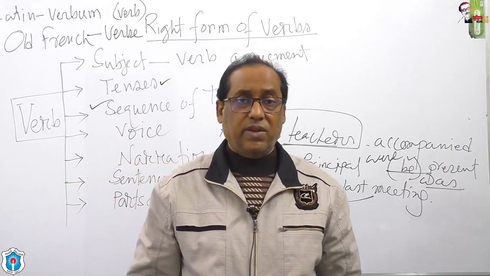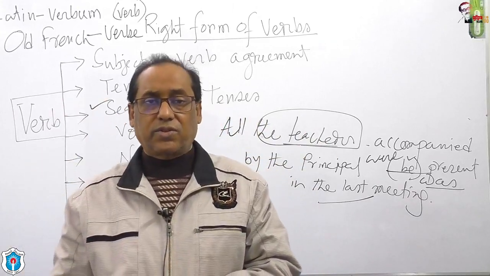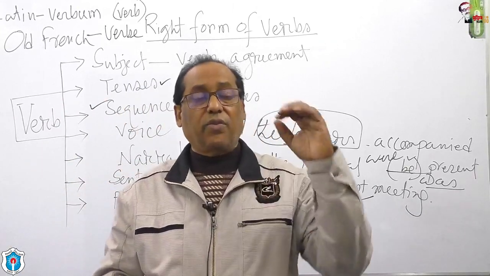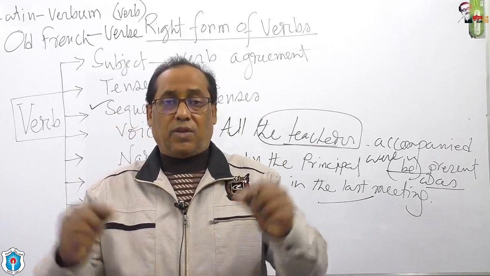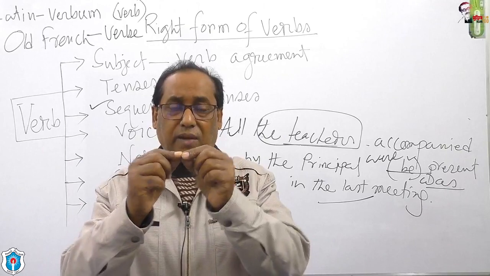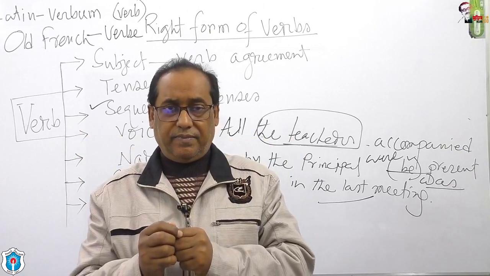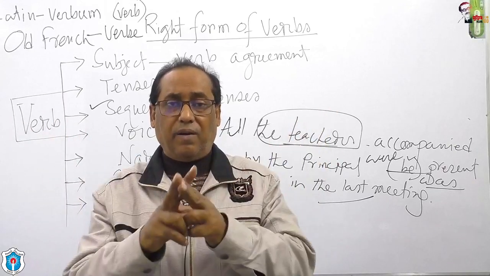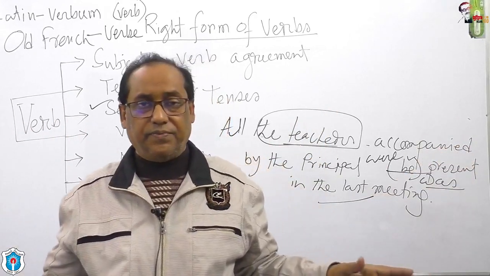That is, the tense of subordinate clause depends on the tense of the principal clause. So sequence means there must be an order between the verbs of two or more clauses.